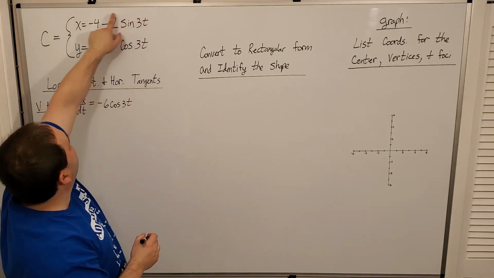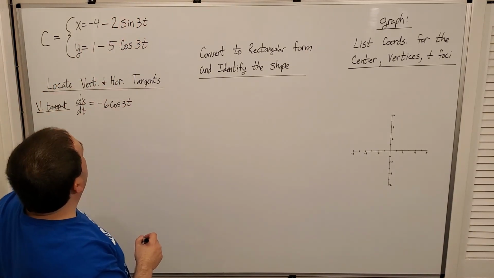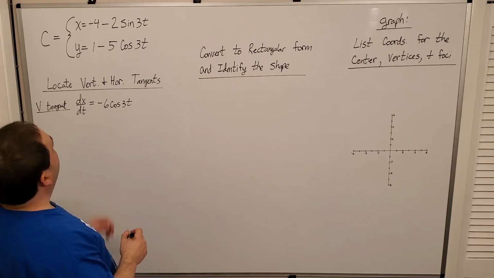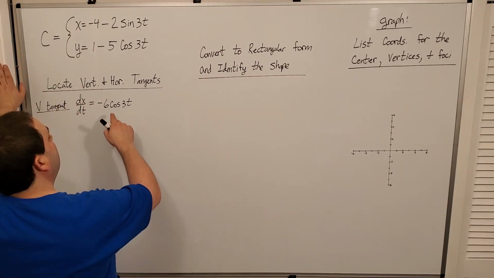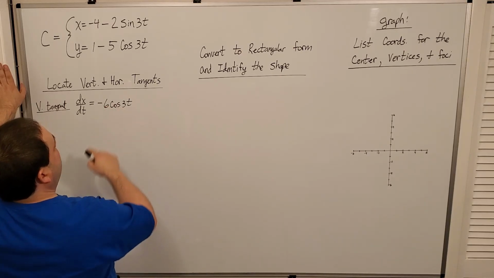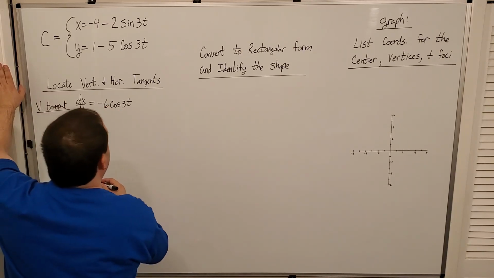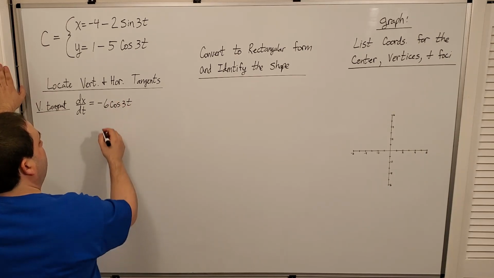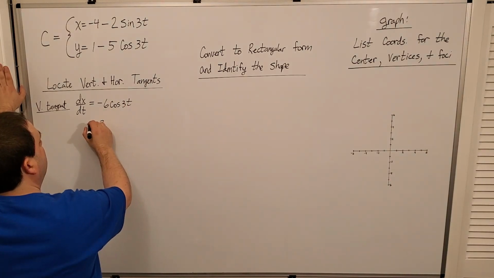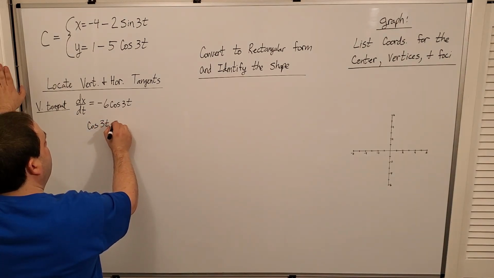I'm just taking the derivative of this right here, the chain rule of 3 times the negative 2, of course, the derivative of the negative 4 is 0. And then I want to set this equal to 0. So in other words, I'm going to be solving really just cosine 3t is equal to 0.